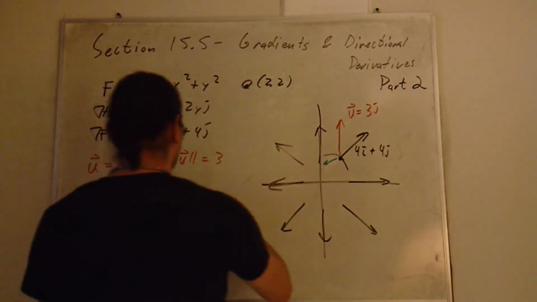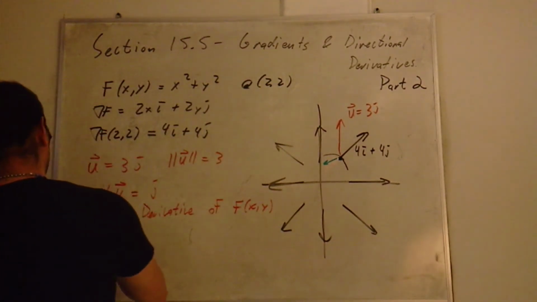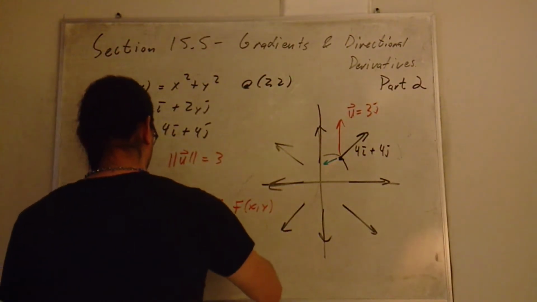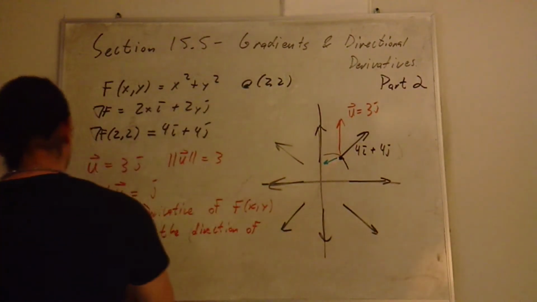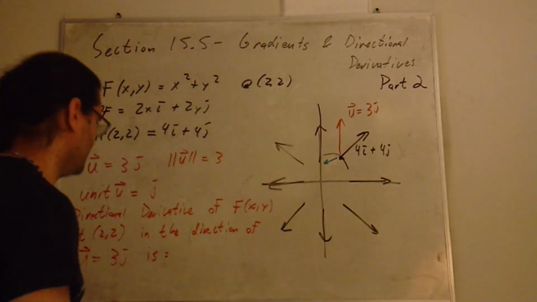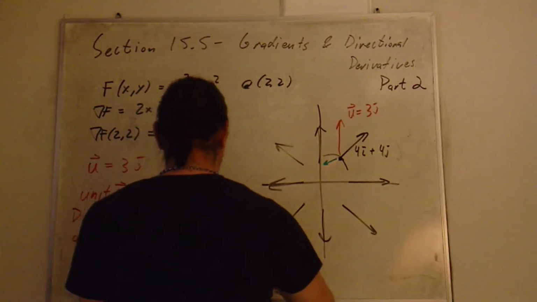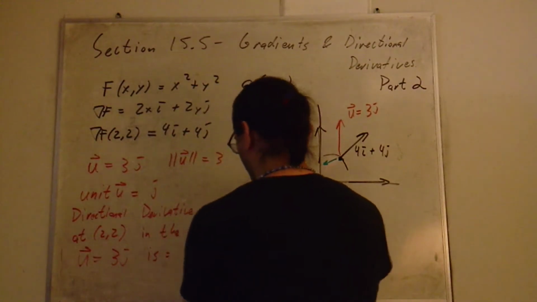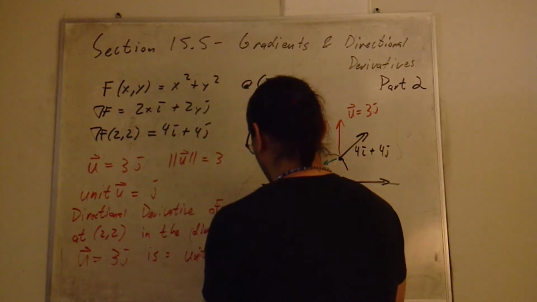The directional derivative of f of x, y at 2, 2 in the direction of u equals 3j is unit u dot the gradient: the dot product between the unit direction vector and the gradient evaluated at the point.